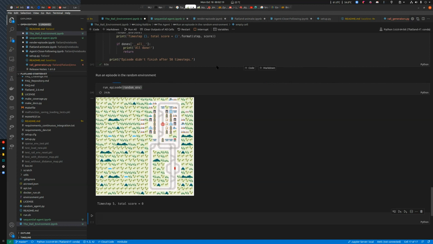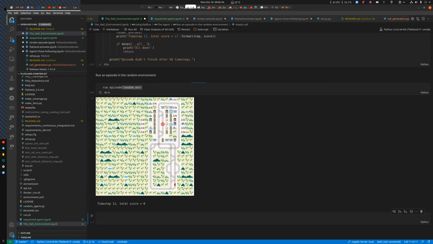So this is it. This is the basic form of what they are trying to solve. So consider here multiple agents, multiple trains. These agents are trying to reach multiple destinations.